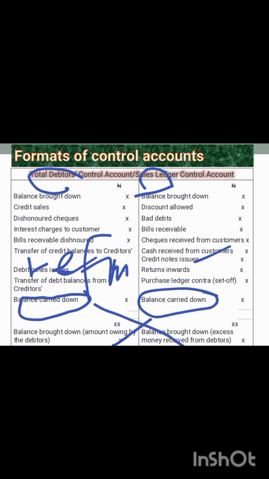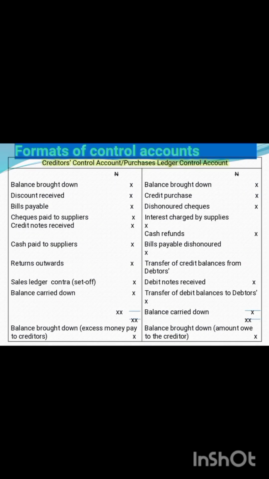All right, now the last thing for today's class is to look at the format for creditors control account. Now the same thing is important. Look at it here. We have the balance brought down, and we also have balance brought down. These balances are very important to us.